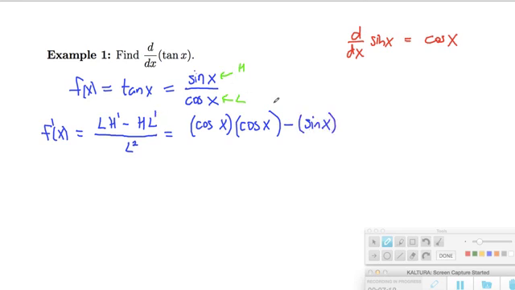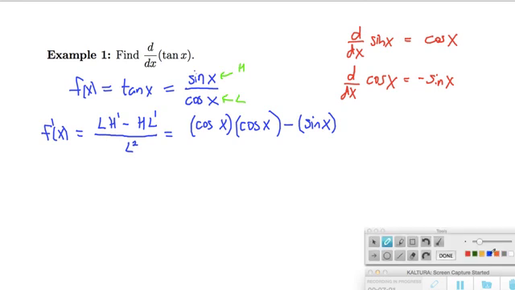And then for the L prime, that's d low, or the derivative of the low function. Recall that the derivative of cosine, which is the low function, is negative sine.